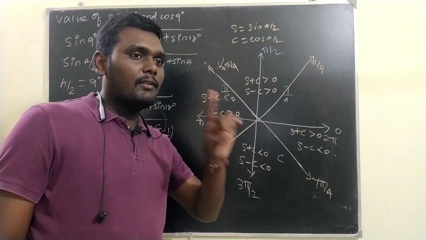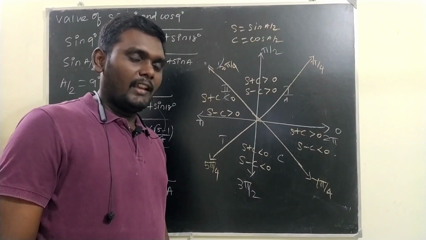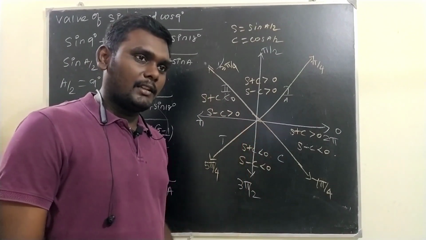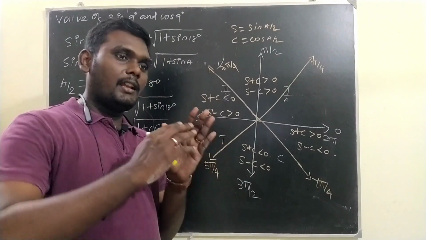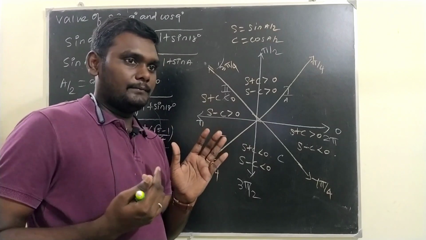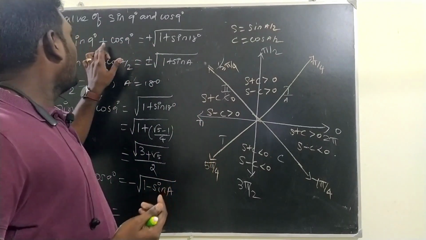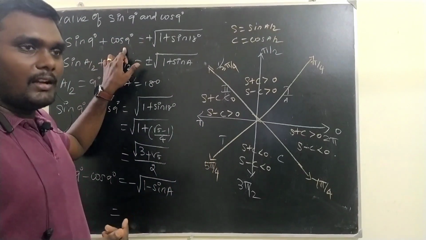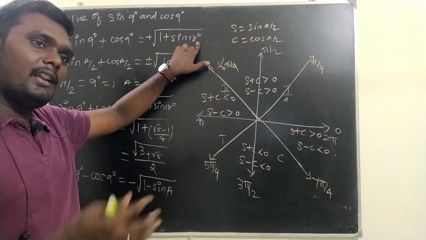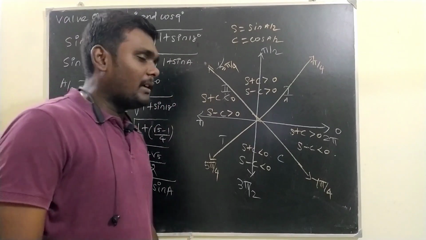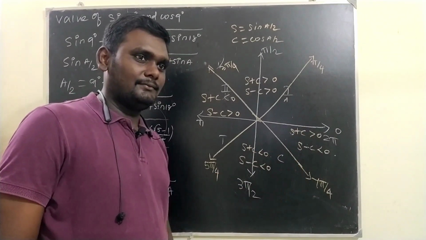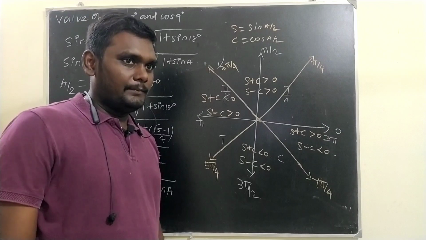Now if you want to find 15 degrees, is it possible to find using this diagram or not? Yes. Because 15 is half of 30. Same like, sin 15 plus cos 15, we will write 30 here. 30 degree value we know. Using this diagram, 30 degrees lies in which part? Same part. Okay.